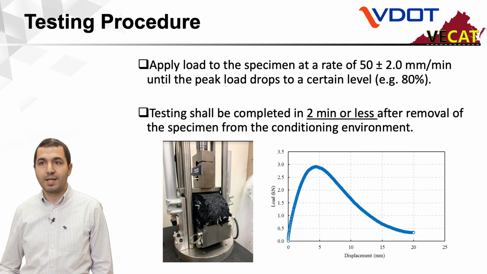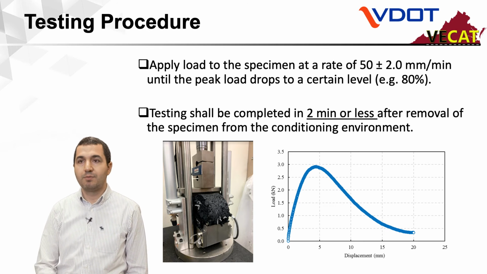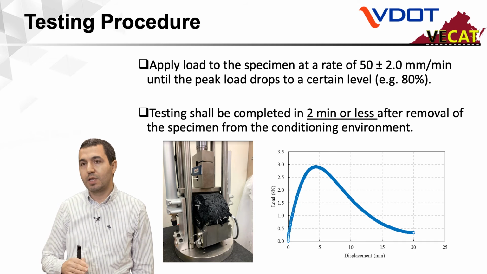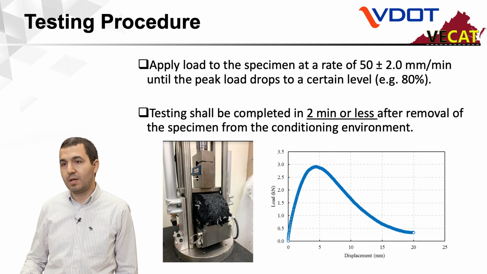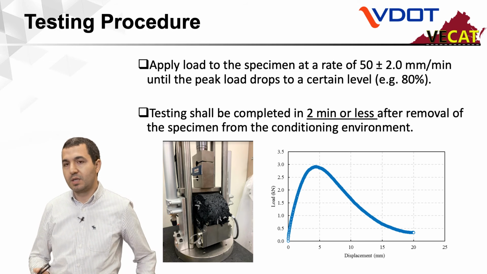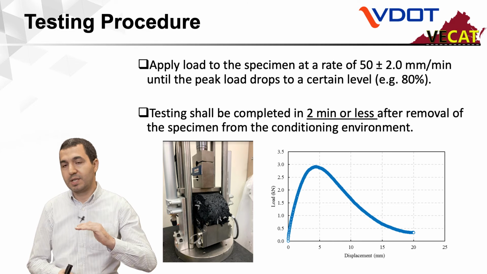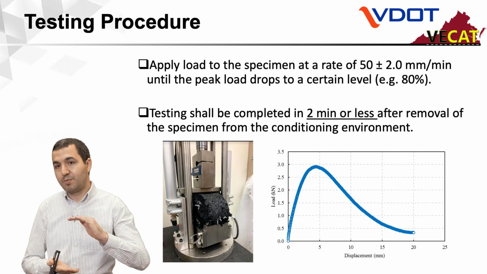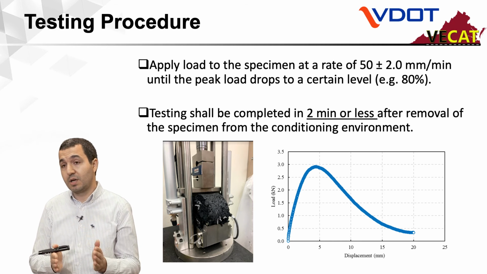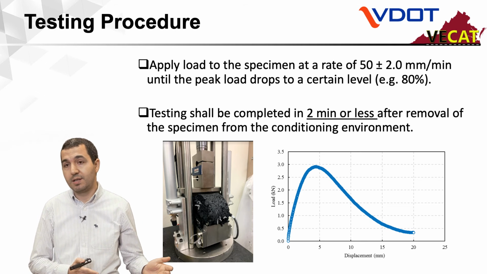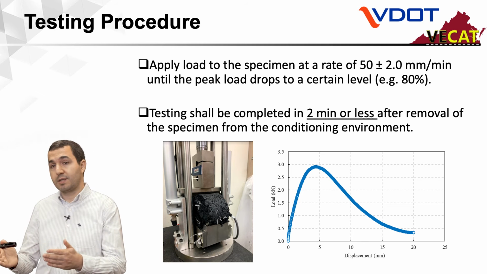The loading rate is the same as the cracking and IDT high temperature tests, 50 millimeters per minute. In this test, the load will not drop to 0.1 because of the LVDT range you have, and the displacement experienced with this testing at high temperature is larger than the displacement that you may get through the IDT CT test or IDT high temperature test.